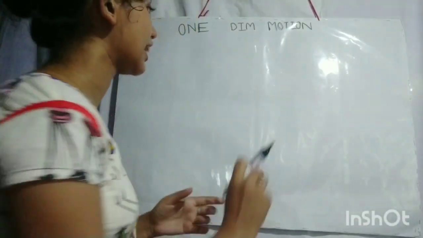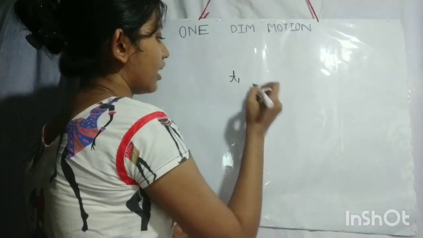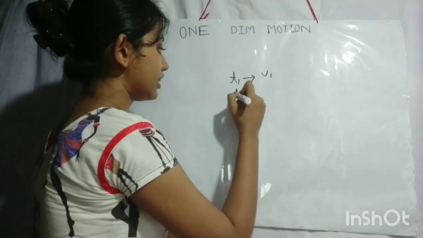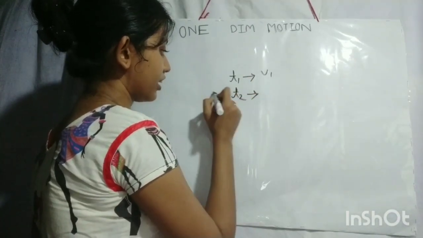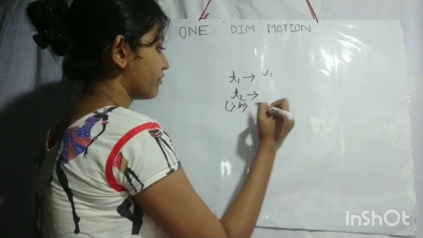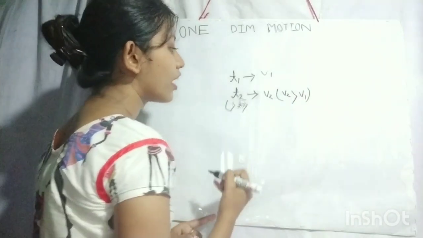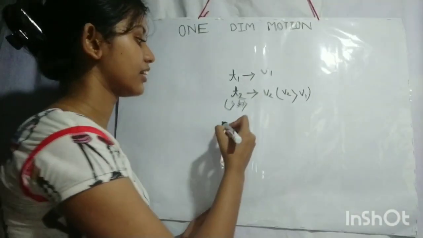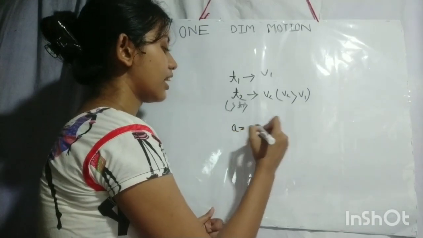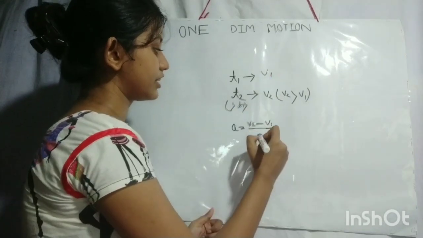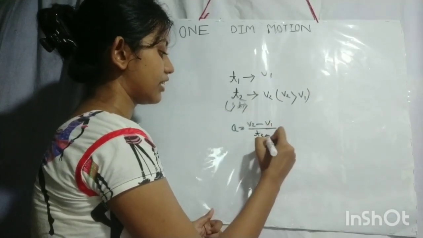Here I will introduce the terms acceleration and deceleration. What is acceleration? At time t1, let my velocity be v1. I am riding a car, and at time t2, which is greater than t1, my velocity is v2. If v2 is greater than v1, then my car is accelerated, and the acceleration is defined as the final velocity minus the previous velocity by the time difference, t2 minus t1.